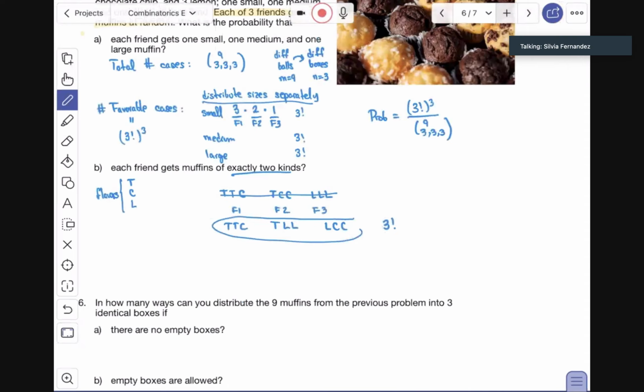And then there is also, once I decided, you see, I'm separating. Here I have two triple chocolates, and here I have one triple chocolate. So I need to separate one out of the three. It could be the small, it could be the medium, or it could be the large. Okay? So there are three ways to separate the muffin, to break it like that, for each flavor.